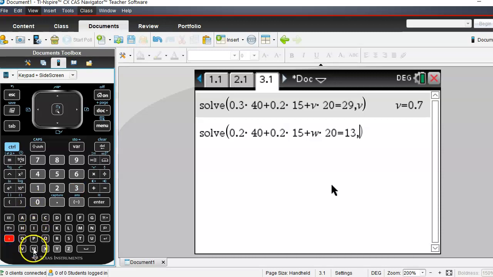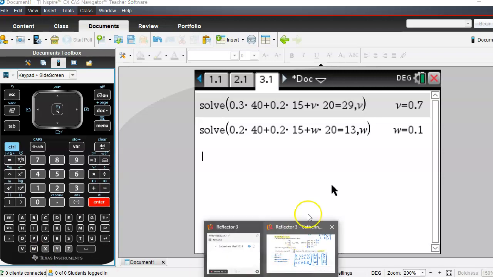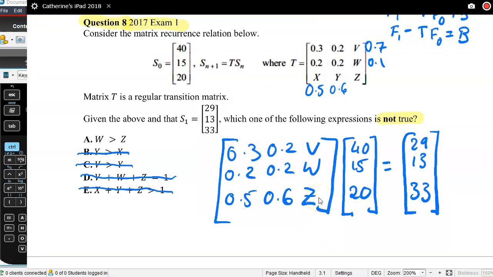Solving for w, yep, so w is 0.1. So yes, that is most definitely not true.